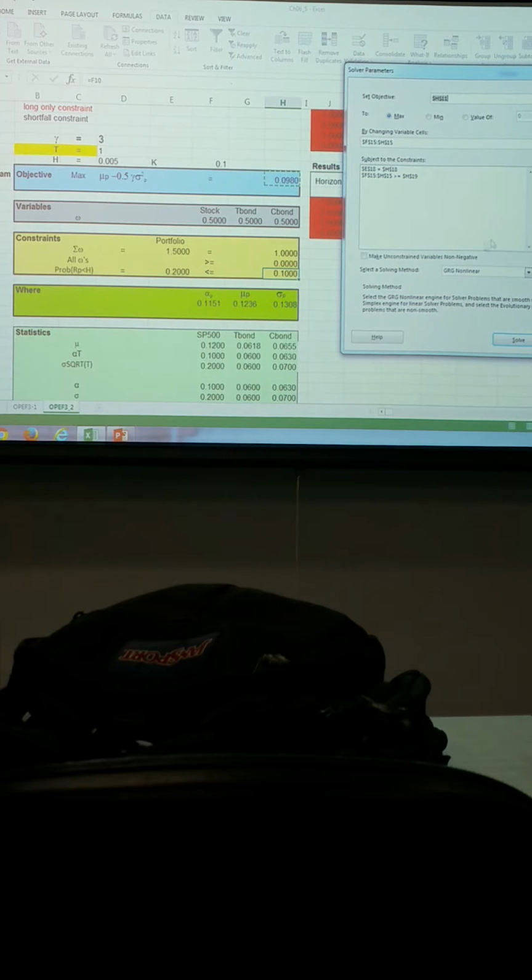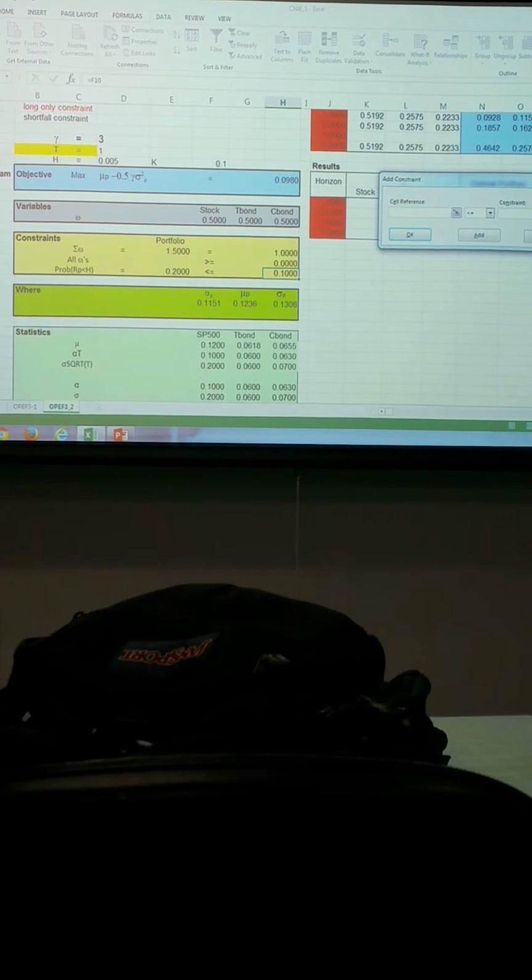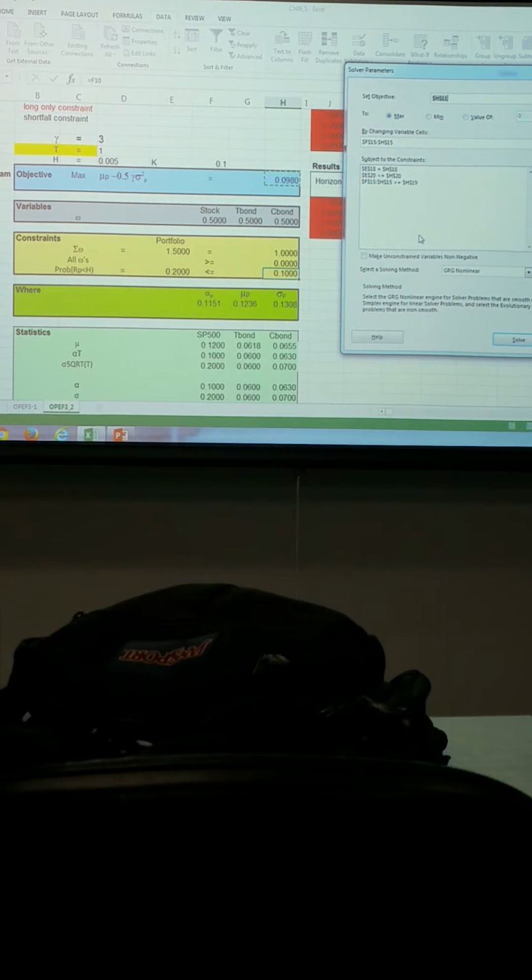And then let's find the shortfall constraint. Well, this cell, B20, should be less than or equal to what? This, correct? This strength. Why did I pick H20?